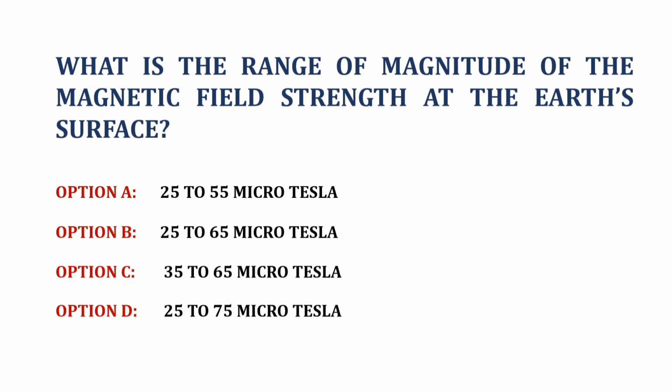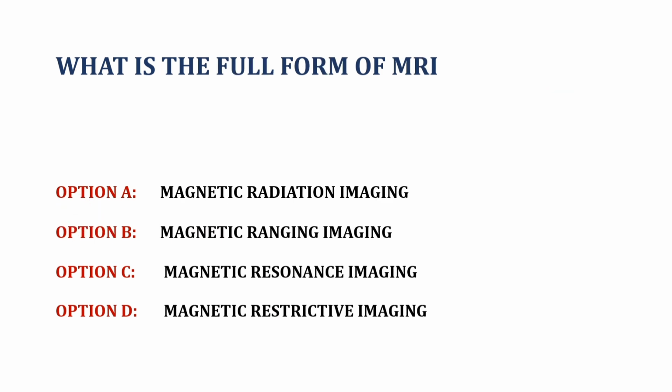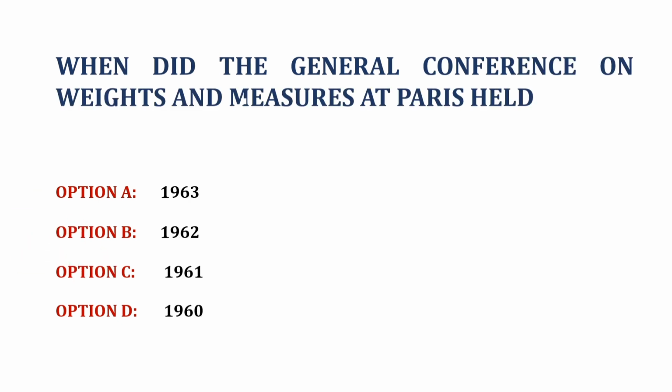What is the range of magnitude of the magnetic field strength at the earth's surface? Option B. 25 to 65 microtesla. What is the full form of MRI? Option C. Magnetic resonance imaging.